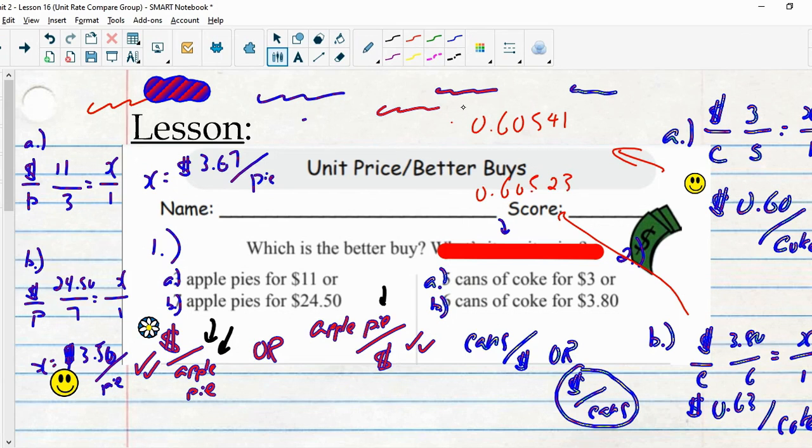If you cut it off here, you can't tell, because they look identical. But if you keep looking, you will realize that that's a higher number than this. You understand? So why am I telling you that? Because sometimes you just have to look at all the digits in order to make a decision.